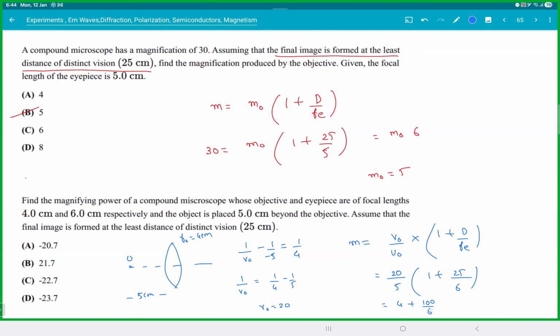How much is this? 24 by 6, that is 20.6 something, 20.7 something you're getting. Clear with this? These are a little different, so do check it out.